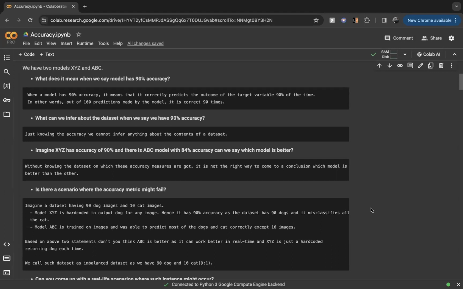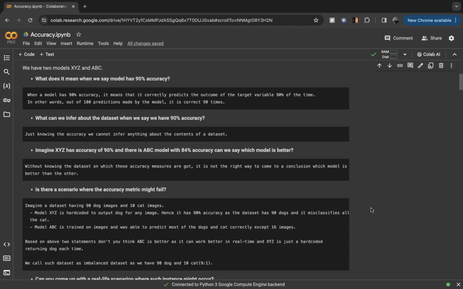Let's take an example where we have 90 dog images and 10 cat images. Based on the earlier example, XYZ had 90% accuracy. If we classify anything that comes into XYZ as a dog image, no matter what image comes in, we still get 90% accuracy for this data set because 90% of the images are dog images. So XYZ is hard coded. Now let's take ABC.